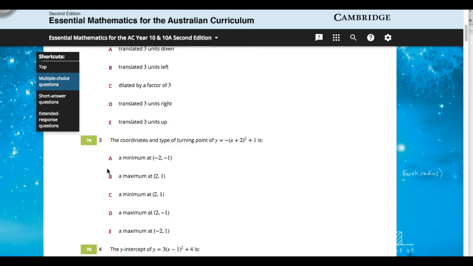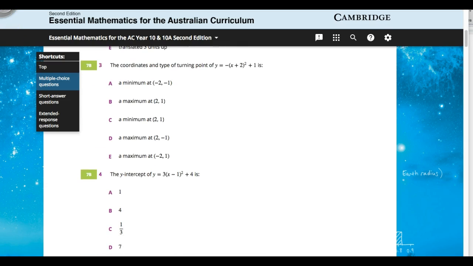Okay, let's go on to question 3. The coordinates and type of turning point of y equals negative (x plus 2) squared plus 1 is... All right, so remember, whenever you see a negative out the front, it's a negative parabola. So automatically I know that is a maximum turning point. So you can go ahead and delete anything that says a minimum.